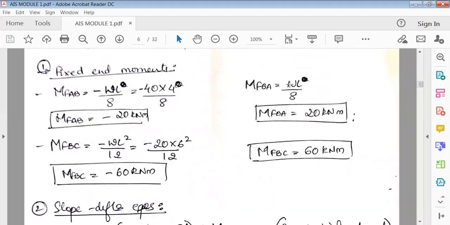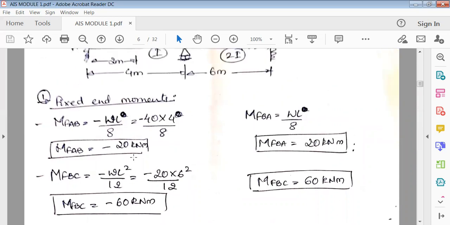So it is WL by 8, which is 40 into 4 divided by 8, so 20 kilonewton meter. You should be careful not to forget the sign. Always the first point from left to right would be minus, and right to left would be plus, for anti-clockwise and clockwise.